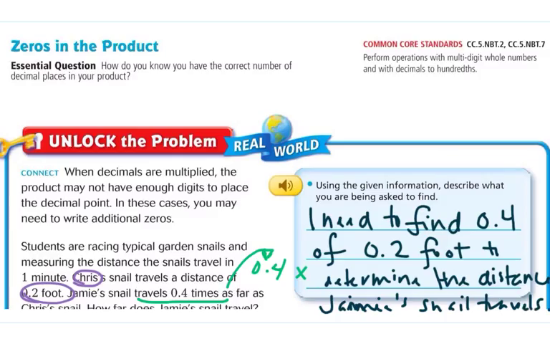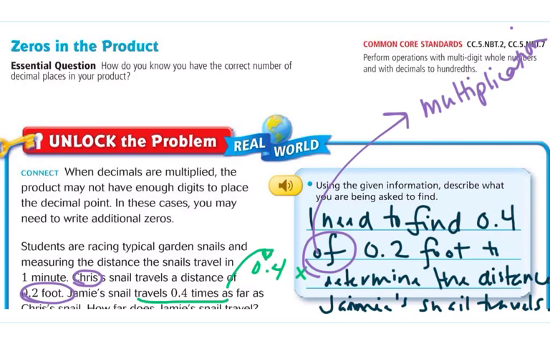Now, boys and girls, keep in mind, as a math detective, the word "of" needs to prompt you to think about multiplication. So I want you to add that in there because I want you to add the word "of" into your math vocabulary and understanding how to translate that.